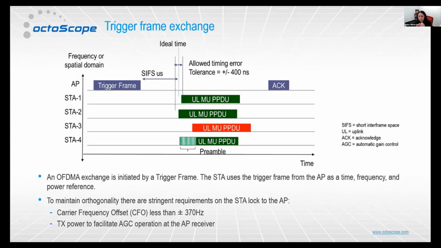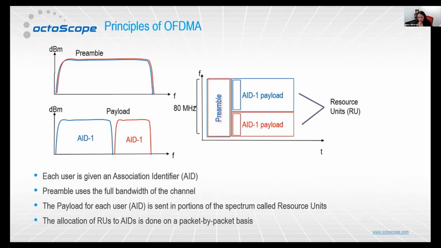But prior to that, you have a legacy preamble which participates in all the CSMA-CA stuff. Yes, so see that preamble, that's a legacy preamble. But once you have stations jump in on their RUs, they also have an OFDMA preamble.